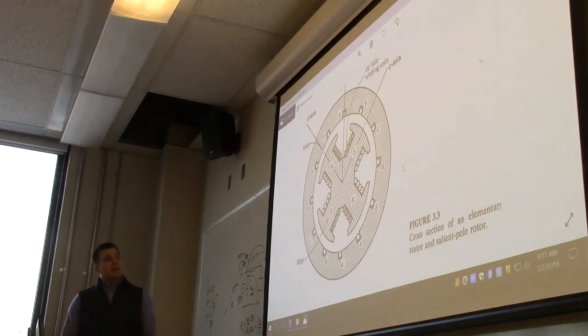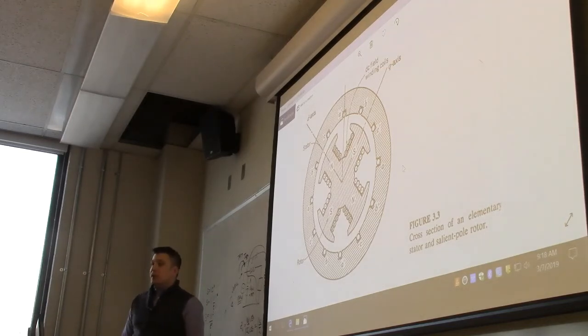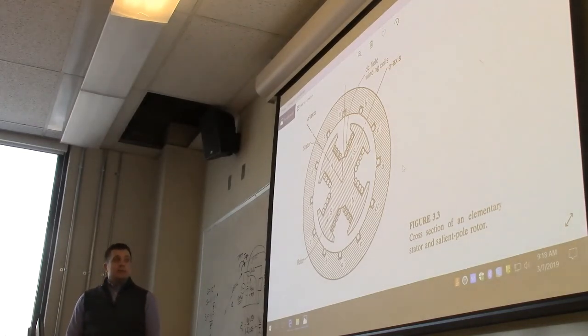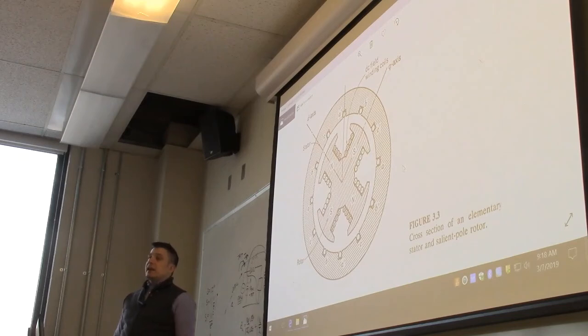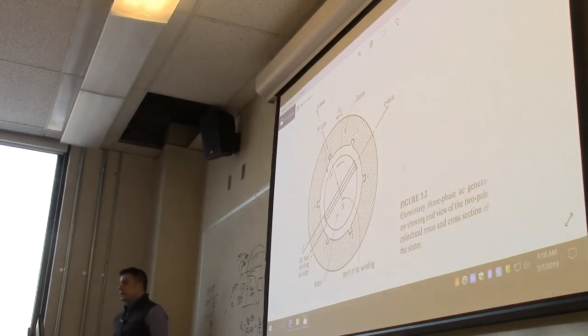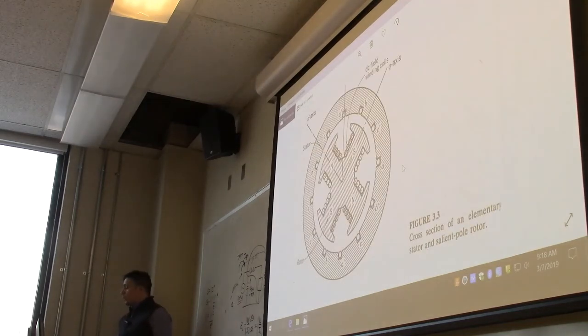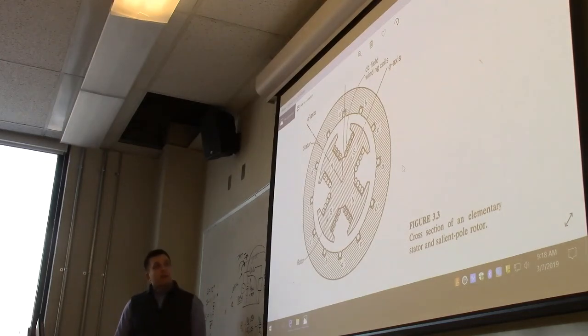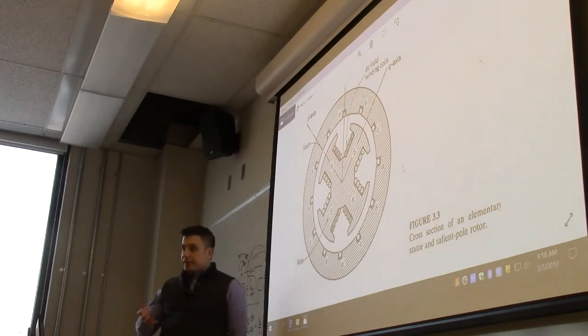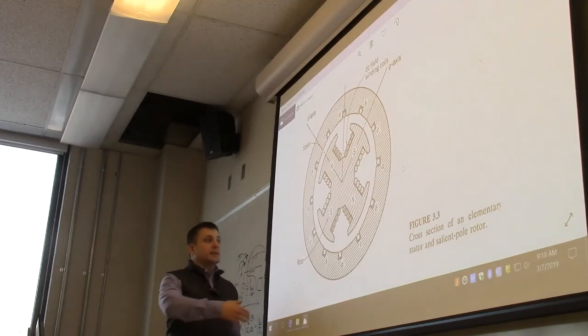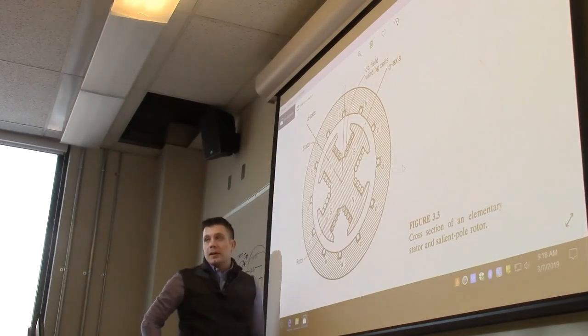This is also an example of what's called a salient pole machine. So there's round rotor and salient pole rotors. So the round looks like this. It's just round, okay? And then the salient pole, what they do is they take the rotor and they sort of dig out certain pieces to make this almost a hammer shape.